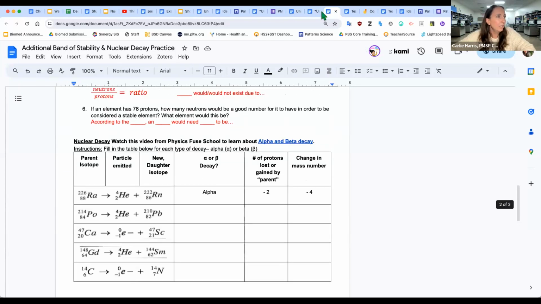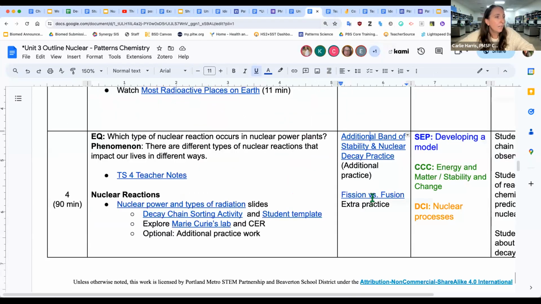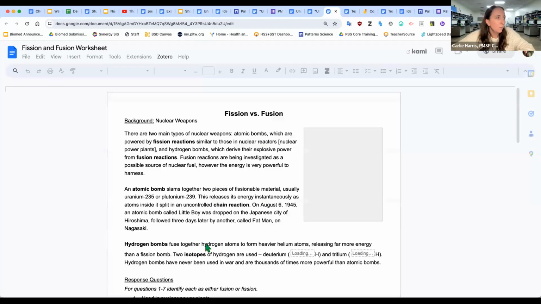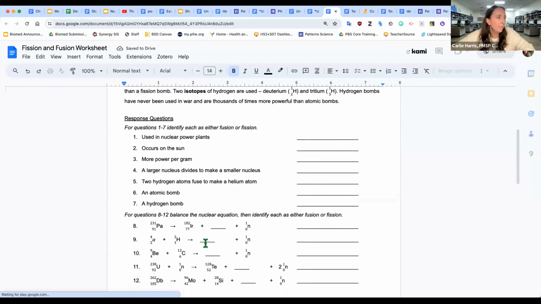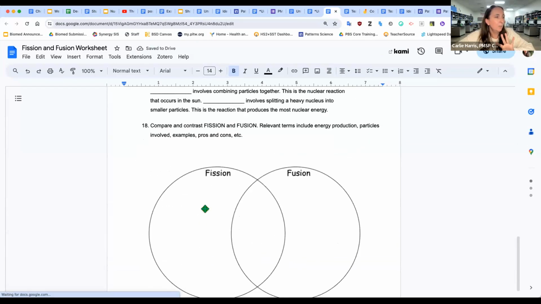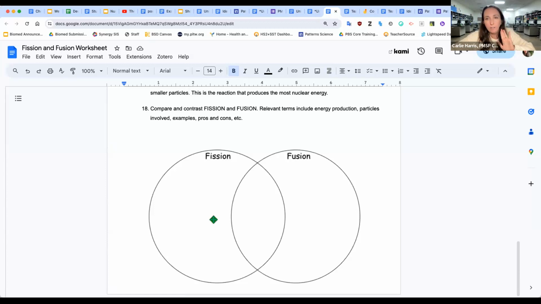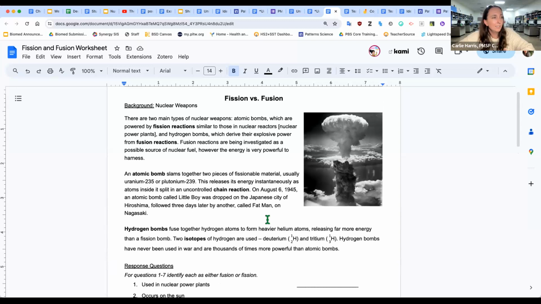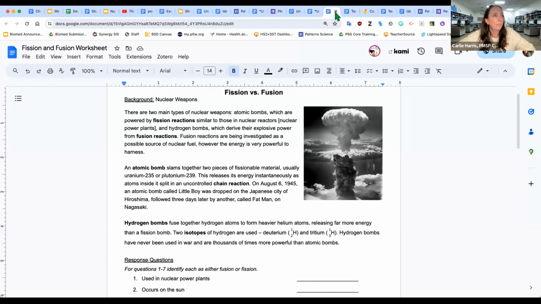So these are here for your students to practice. And then there's also a fission and fusion practice as well. And this helps them kind of differentiate, compare and contrast fission and fusion. So you can use this in addition or instead of the other one. That's up to you and what your students need.